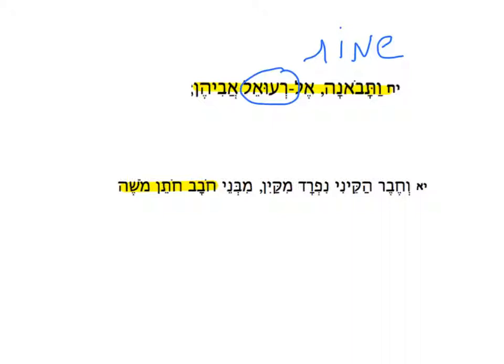Yet, if you look in Sefer Shoftim, it says the following: Chever HaKeni nifrad meKain. This person, Chever, who was a Keni, separated himself from Cain. And who were they? Mibnei, the sons of Chovav Chotein Moshe. So there, in Shoftim, Chovav is referred to as the Chotein Moshe. So now we're kind of stuck.